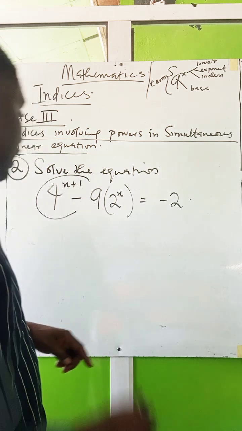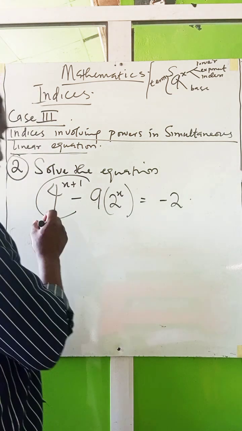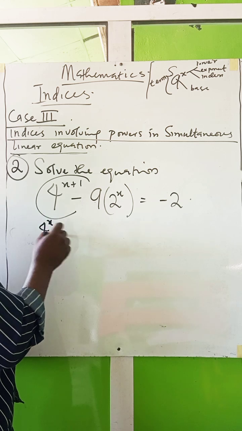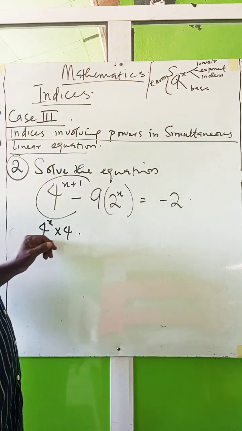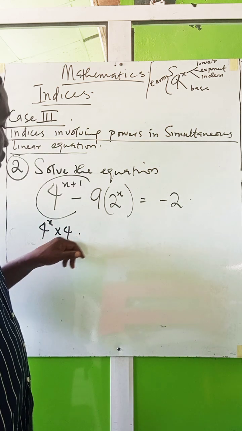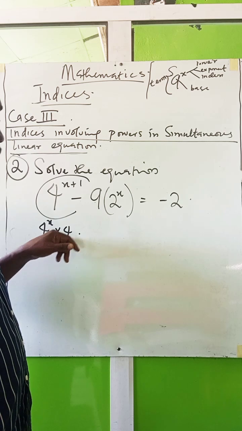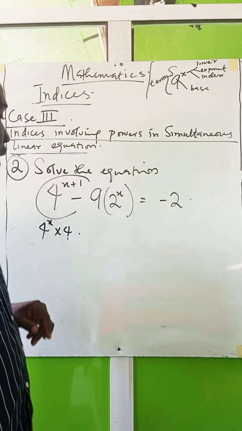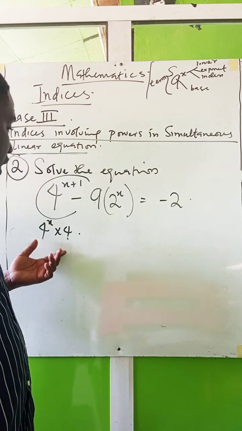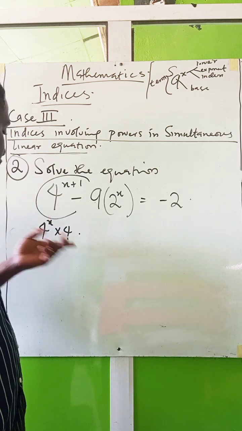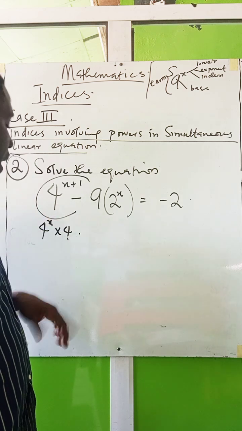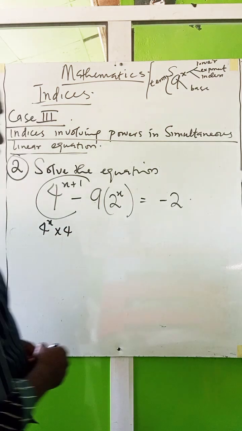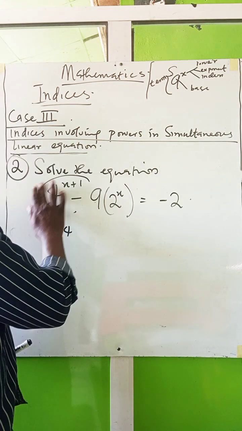But originally, it is 4 raised power x times 4, because this 4 is what gave rise to this one here by saying take one of the base, then add the power, because this is 4 raised power 1. Now, let us proceed.